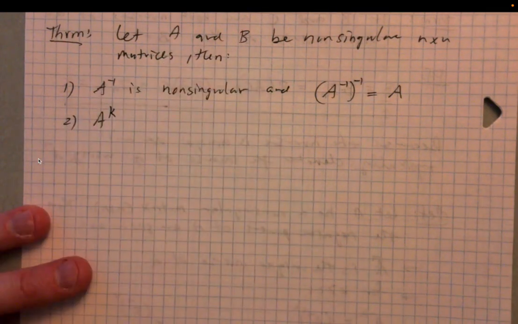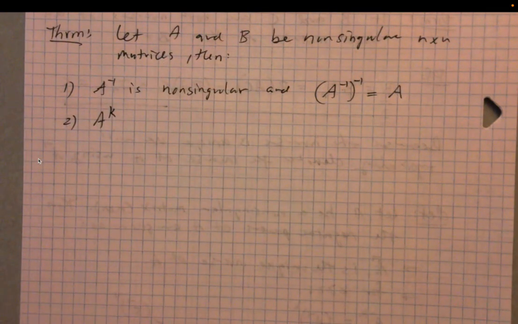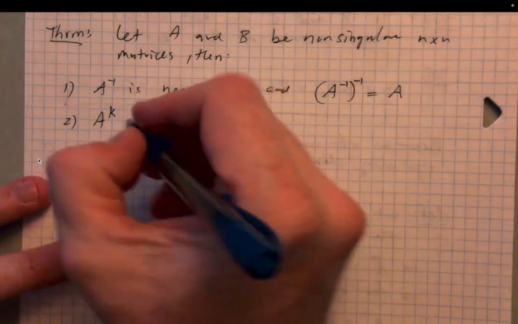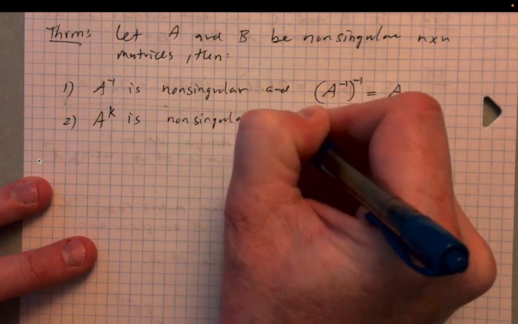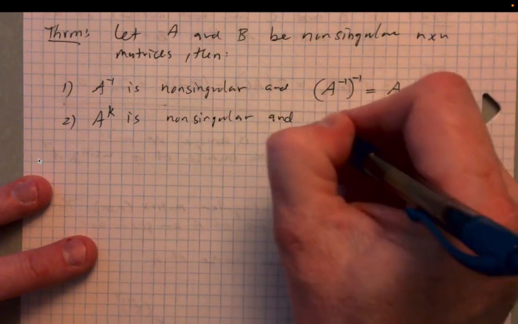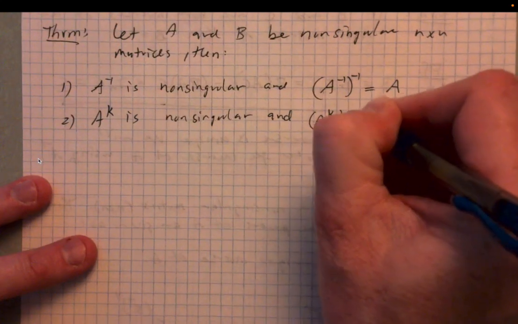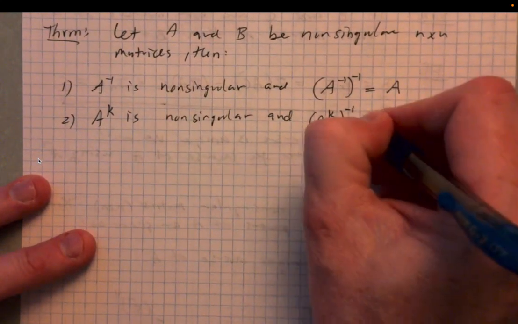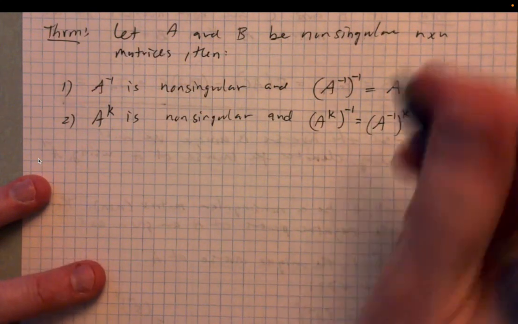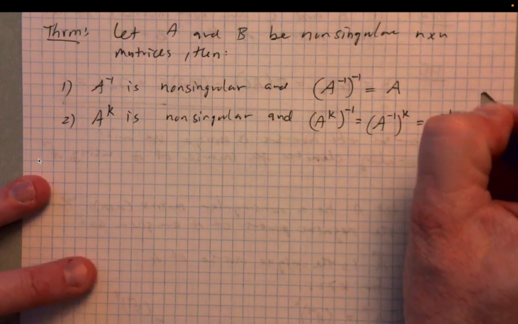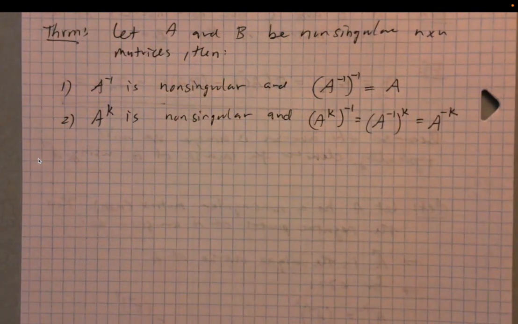Next, remember, if A is non-singular, then any integer power of A is non-singular as well. And we could say A to the K inverse is equal to A inverse to the K power, which is equal to A to the negative K. That's great.